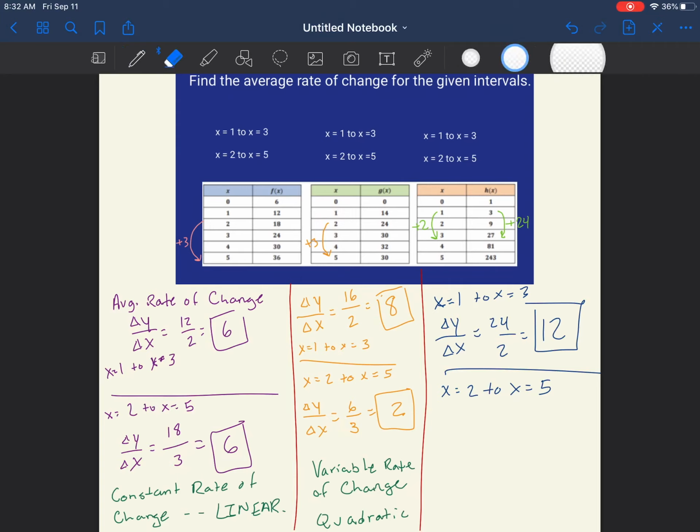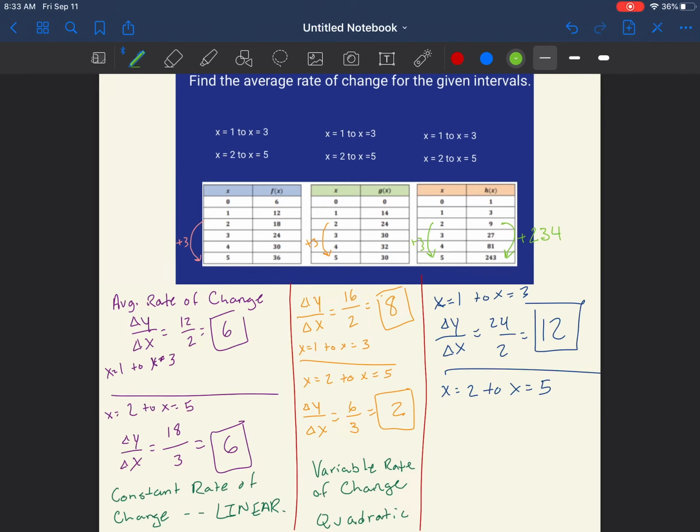2 to 5 is plus 3. And corresponding with that, I have 9 to 243. That's a big number. That's going to be plus 234. That adds up, right?